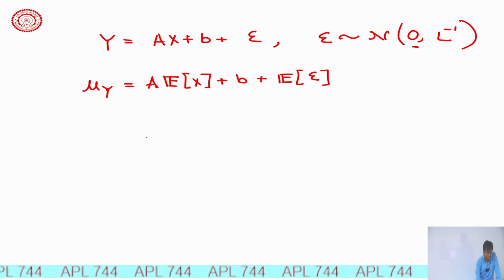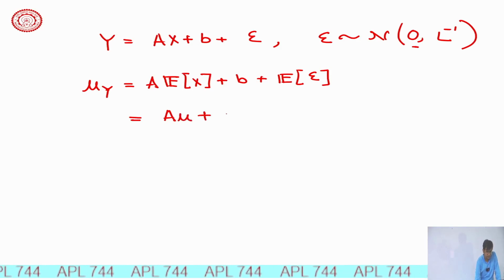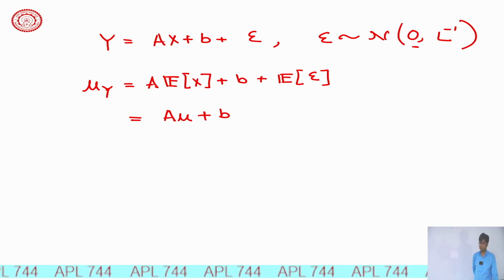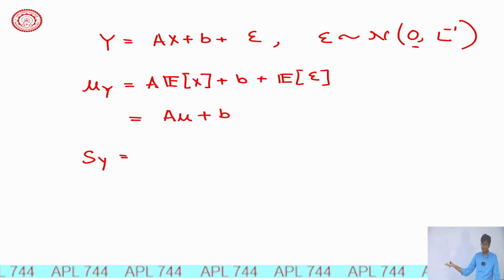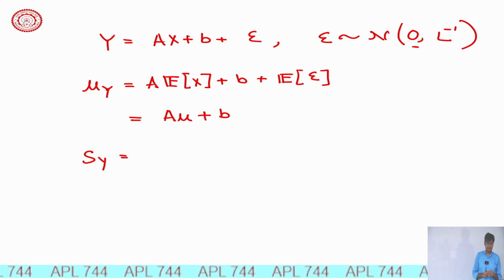Okay. So, this comes out to be A, what is expectation of x? Mu I guess, plus b. Okay. What will be covariance of y? So, let us write S of y. So, I will take covariance of the right hand term. So, what is covariance of A x?